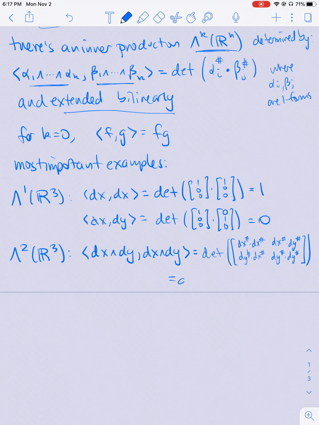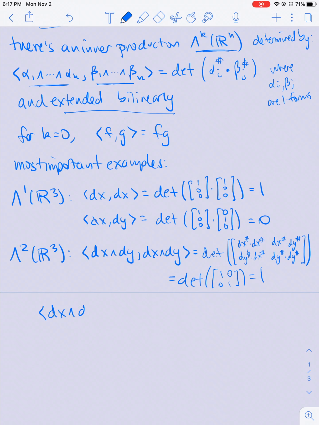If you go through all of this, what you end up getting is the determinant of the matrix (1, 0; 0, 1), which we know is just 1. A similar argument will tell you that dx wedge dz inner product with itself and dy wedge dz inner product with itself are both 1 as well.